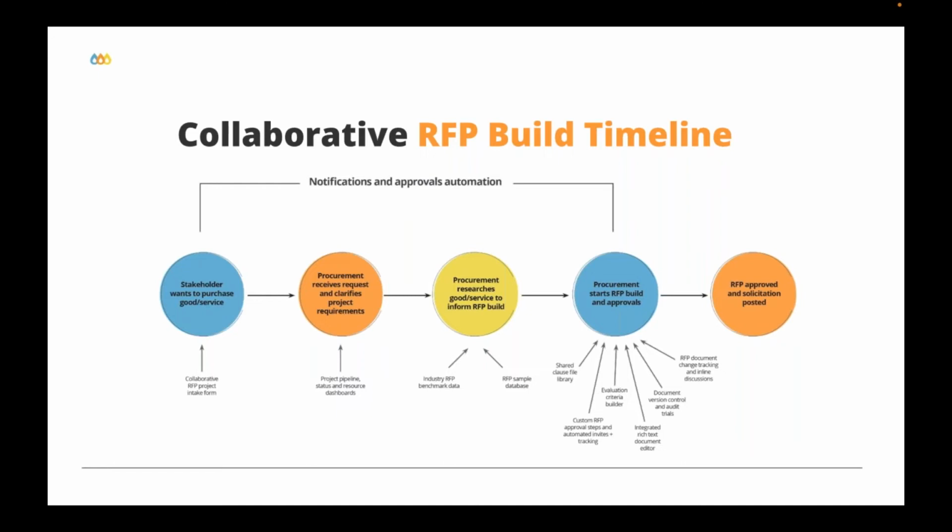B, stakeholders have more visibility into the process and take up less of your time by asking questions and requesting updates. And C, there is a lot less back and forth because expectations and requirements were clearly defined from the start at the intake step. And that ultimately means a shortened timeline for RFP creation, typically 2 to 4 weeks.